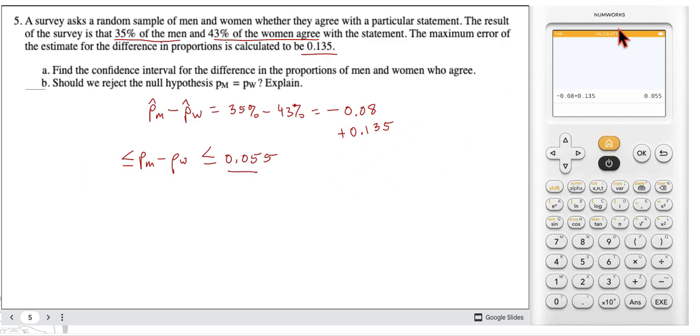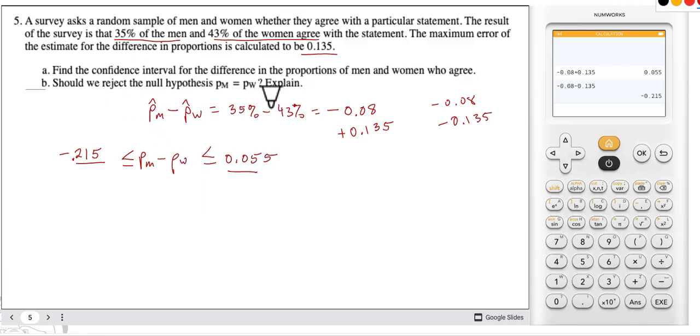And then to get the far end, the lower end, the left end, we take this negative 0.08 and we subtract 0.135. We're going to get negative 0.215. And again, we can double check that with negative 0.08 minus 0.135. We get negative 21.5%, or negative 0.215. Okay, so there's our confidence interval.